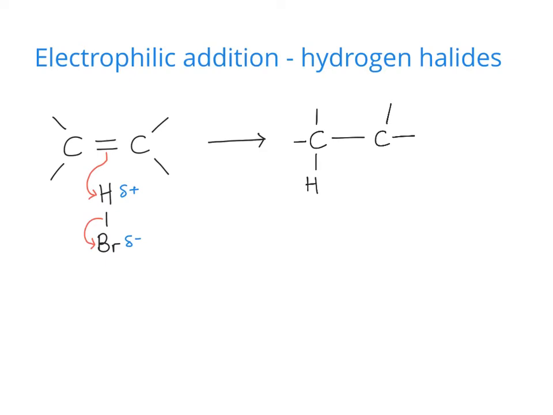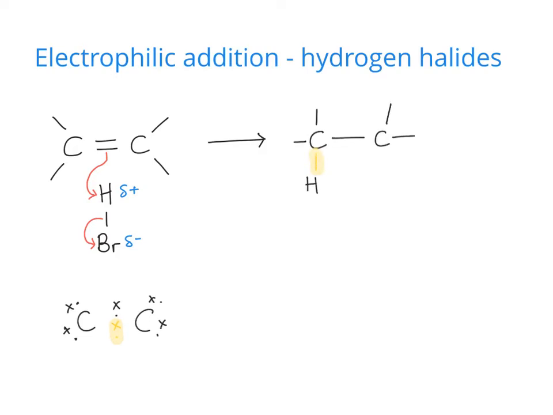So if we looked at this in a dot and cross diagram to explain what's going on, that carbon on the right hand side is sharing currently two pairs of electrons at the start of the reaction with the other carbon. So what's happening is that this bottom pair of electrons is being moved around to form this bond here with the hydrogen.